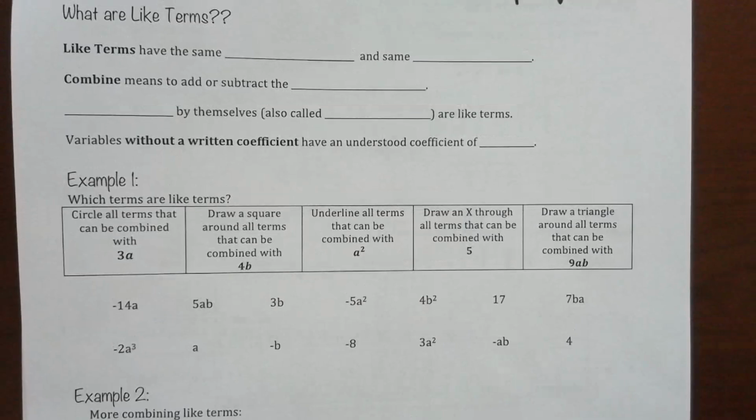What's the coefficient in front of this term? A 1. So what am I actually adding together? Just the coefficients. What's 4 plus 1? 5 what? Absolutely. The variables should not change. So these would be the final answers when we're looking at these.